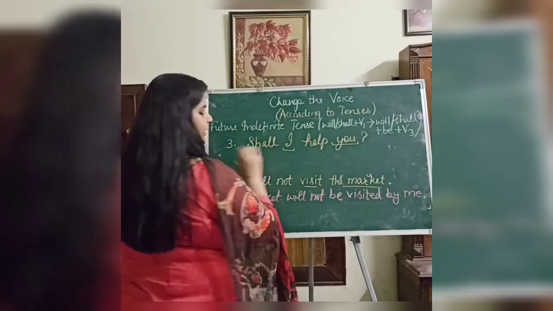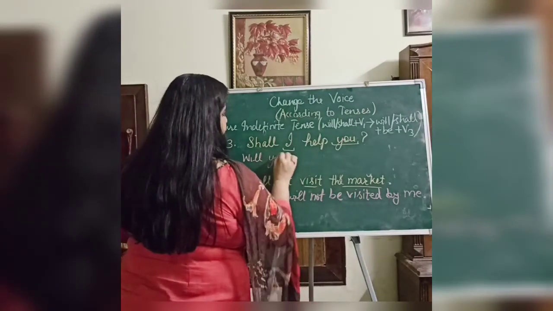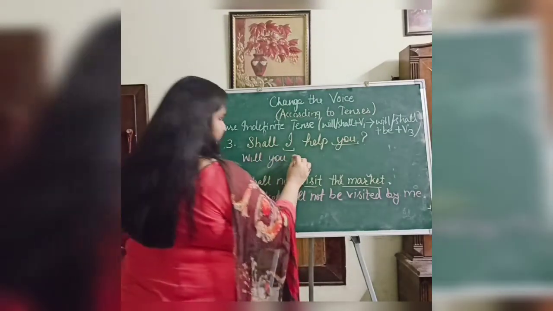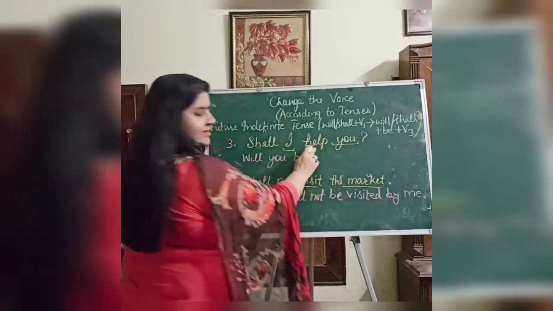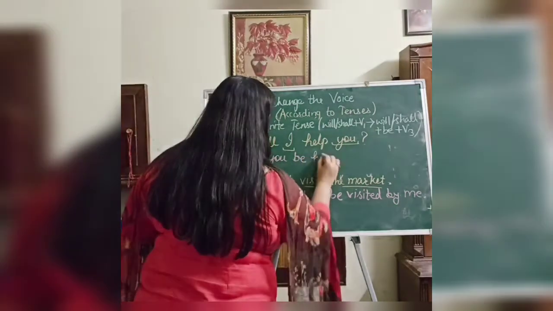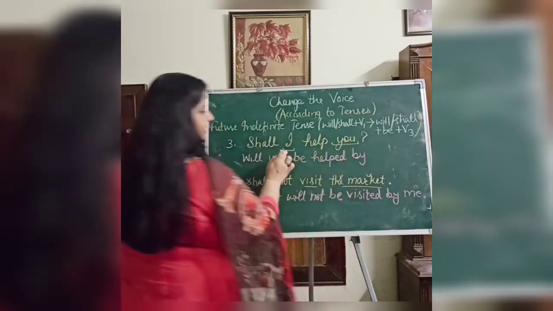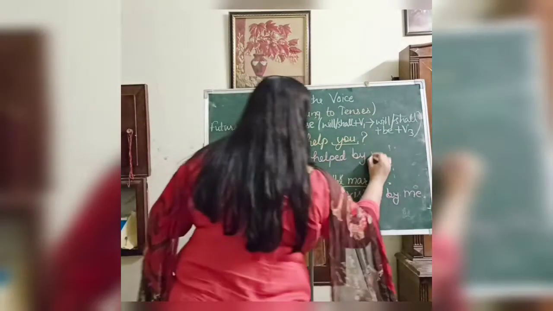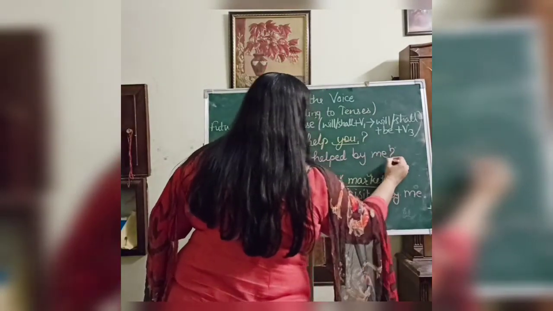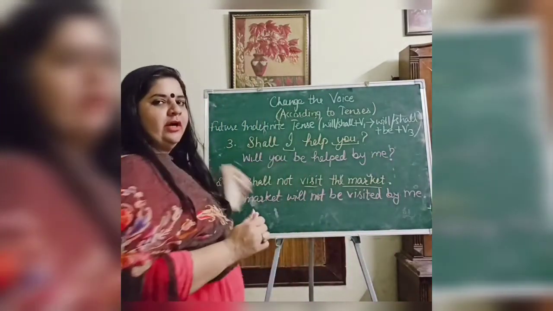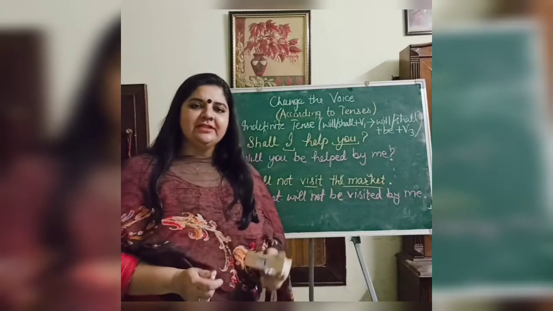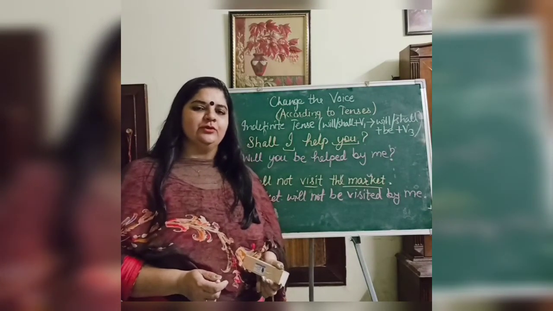We will use will. Will you, then be. Very good. What is the third form of help? Helped. By, passive of I, me. Very good. So now all the indefinite tenses should be clear to you.